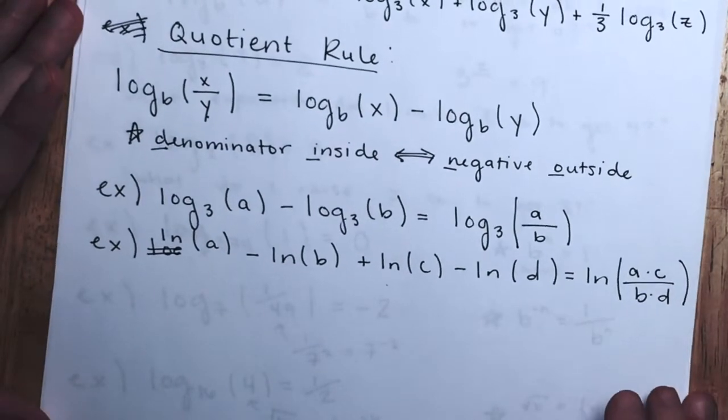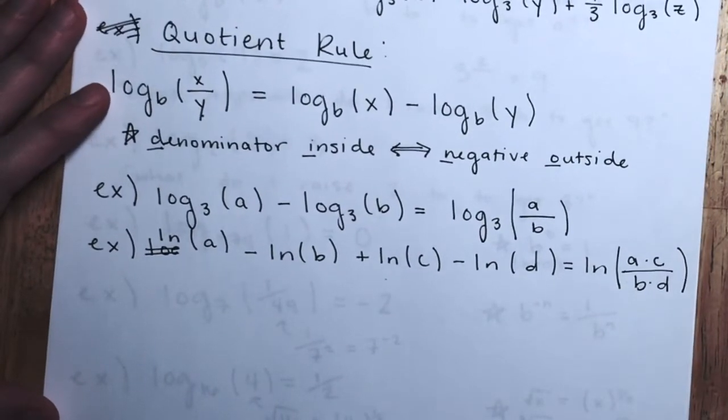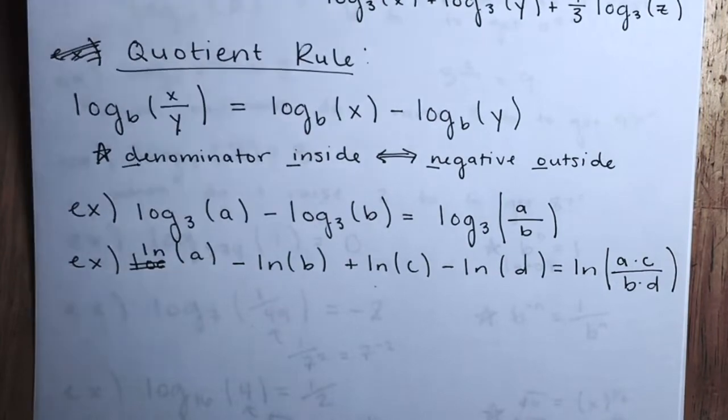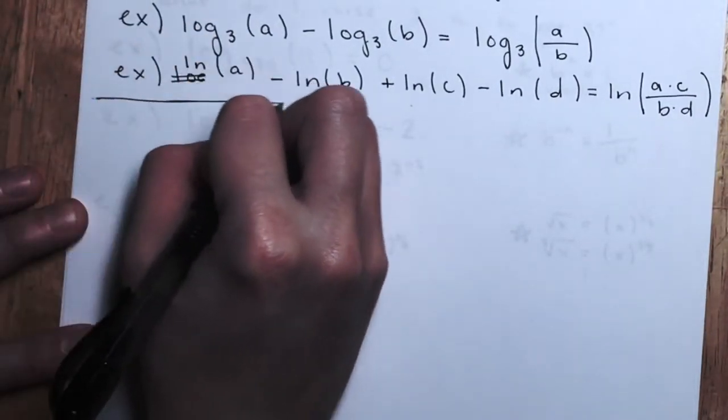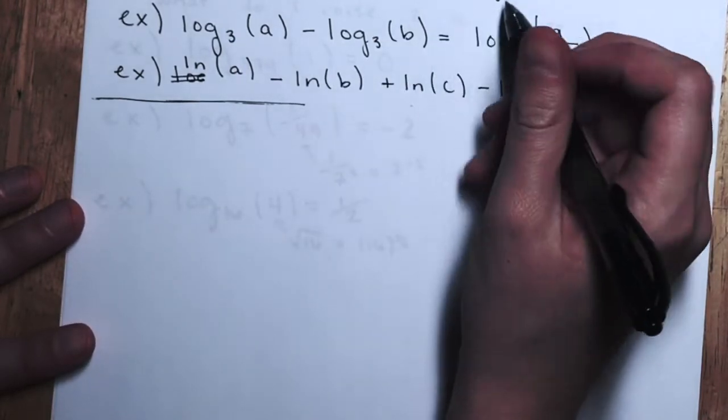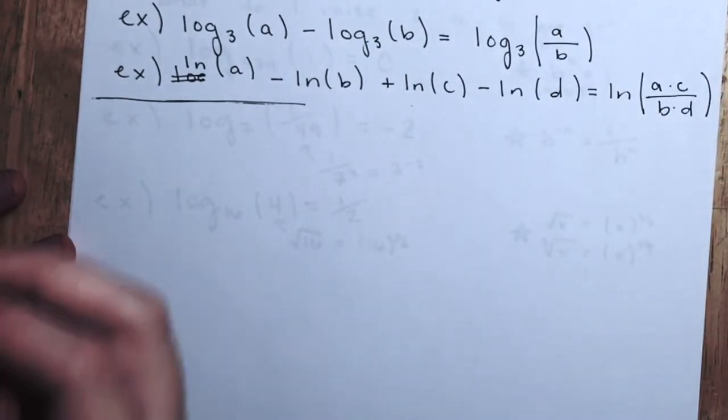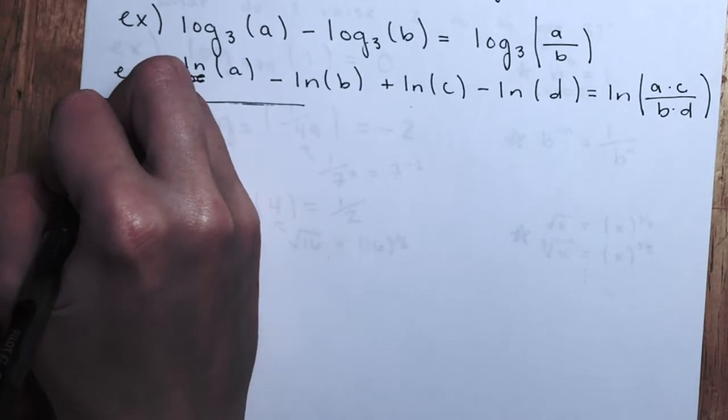So let's try all of this together. So I'm going to draw sort of a divider because these are the examples specifically for quotient rule, and these are some other examples.